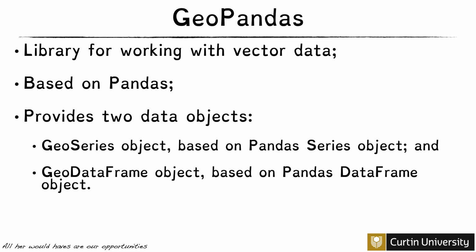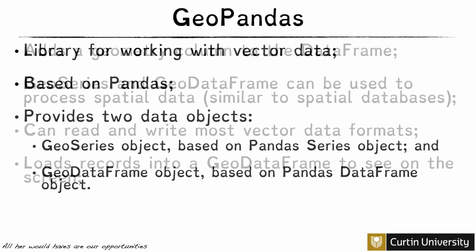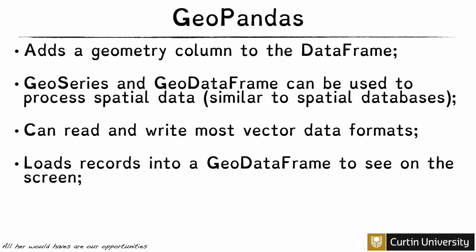Now, GeoPandas is fantastic for working with vector data, spatial vector data. It's based on Pandas, and it provides us with two data objects that we can use to process spatial data. Very cool and fantastic. So it gives us the things we need for geometry kinds of calculations and works. Geometry being, in this case, related to the Earth's surface.